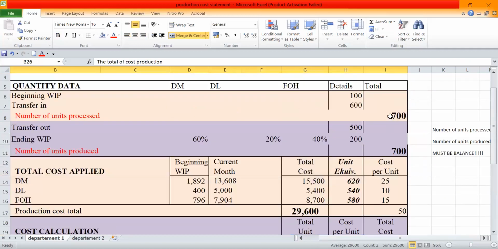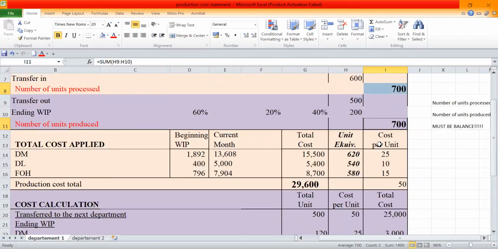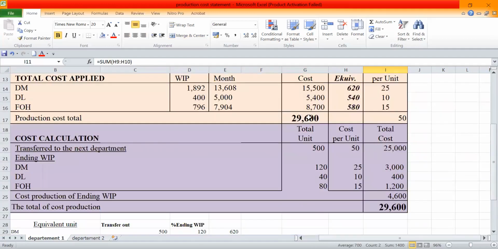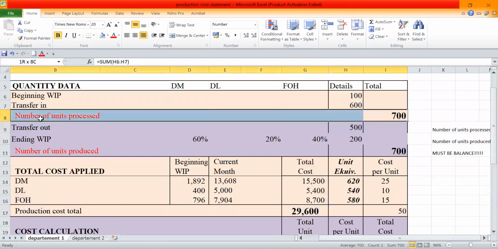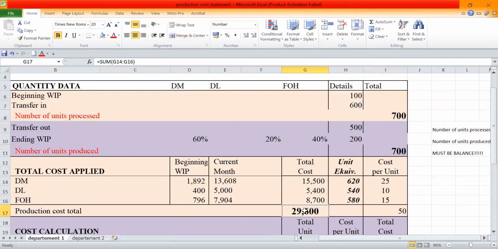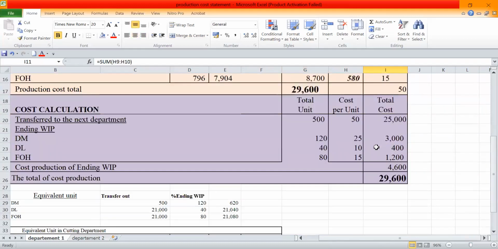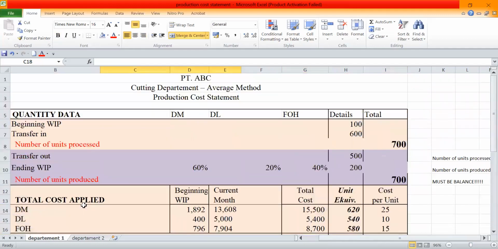Remember, because these units are balanced, of course the dollar or rupiah amounts of these units will be balanced too. So the 700 units processed have this total rupiah amount, and the same goes for the 700 units produced: the total cost production will also be the same. Okay, so that's how to make the production cost statement.